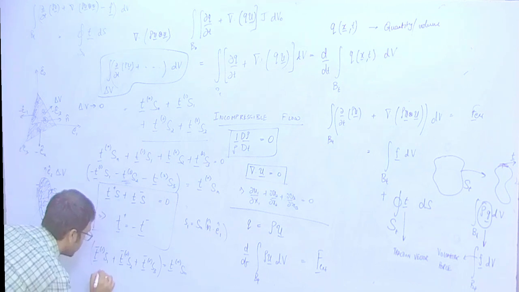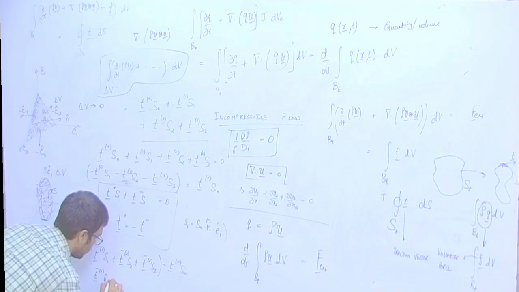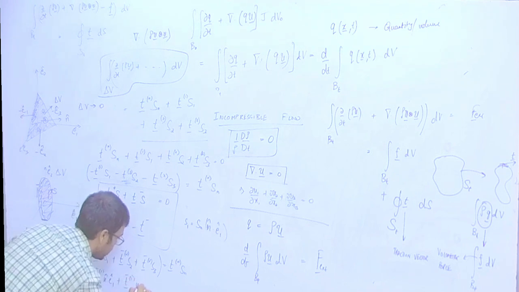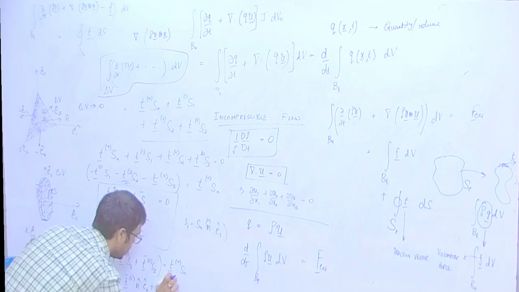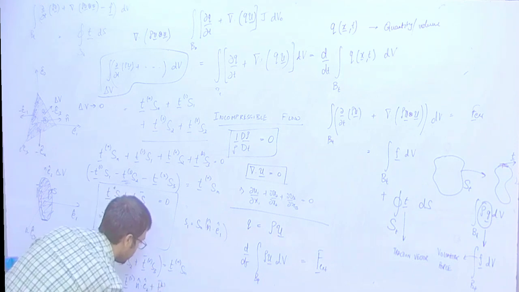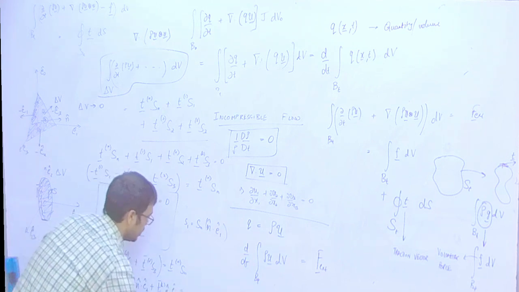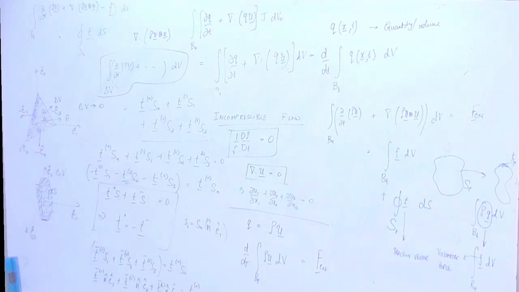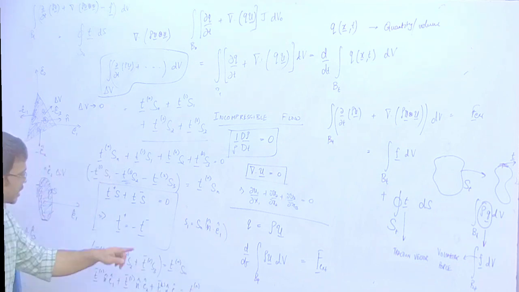We get T1 bar n hat dot e1 plus T2 bar n hat dot e2 plus T3 bar n hat dot e3 is Tn. I have written S1, S2, S3 using this and I have cancelled Sn everywhere.